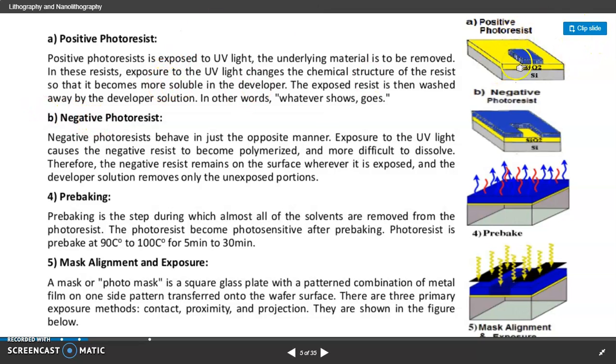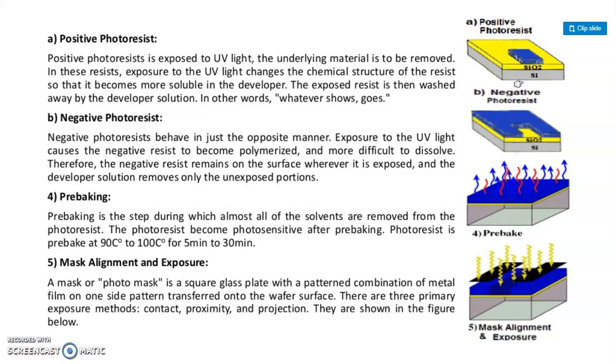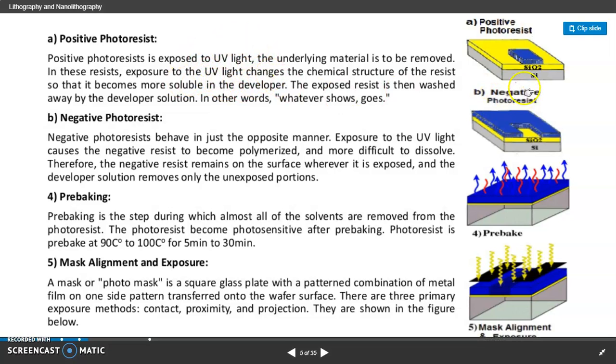What is positive photoresist? Here you can see the silicon dioxide, and above the silicon dioxide only the blue color will be there. The positive photoresist is exposed to ultraviolet light in the regions where the underlying material is to be removed. Exposure to the ultraviolet light changes the chemical structure of the resist so that it becomes more soluble in the developer.